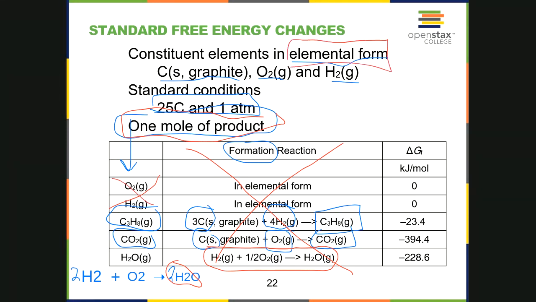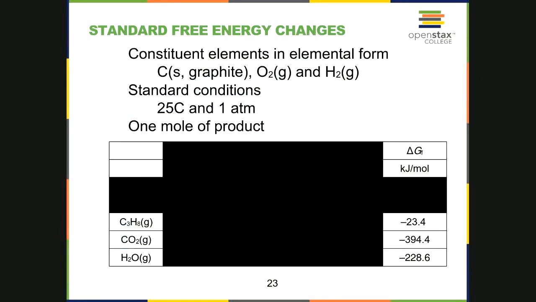You're just supposed to know that those are going to be zeros. So what this table is really going to look like is this, where we'll have whatever is being formed and whatever is the Gibbs free energy of formation, but none of the other information that we just talked about.